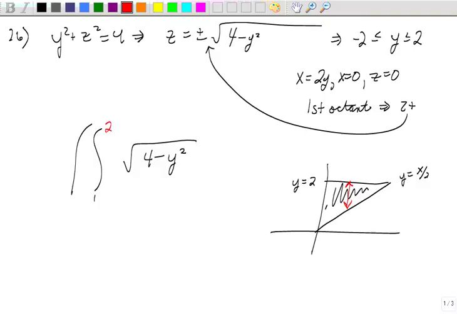So y, we're going to go from x over 2 to 2, dy. And then we're going to go to where they intersect. And that's at 4, because x over 2 equals 2, x equals 4. So we're going to go from 0 to 4.